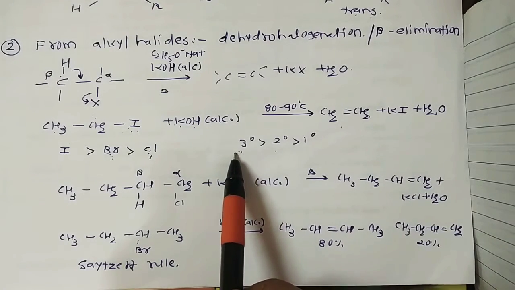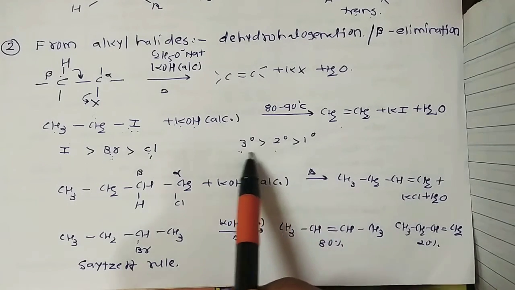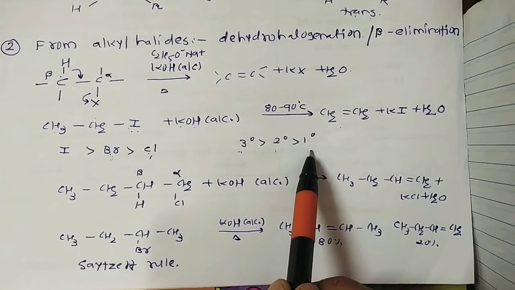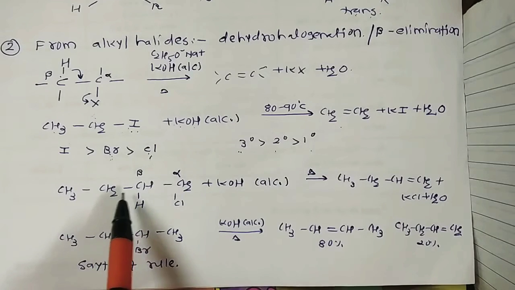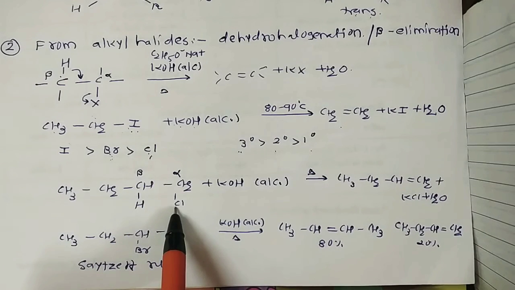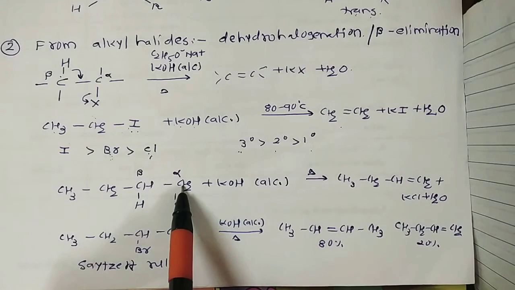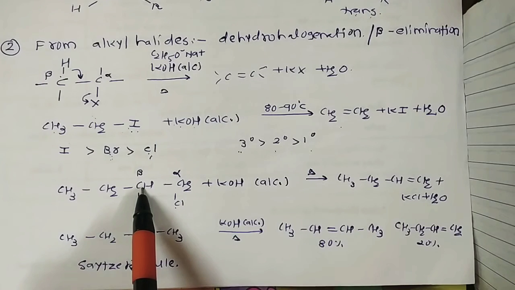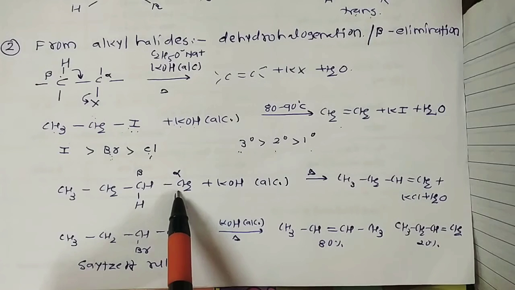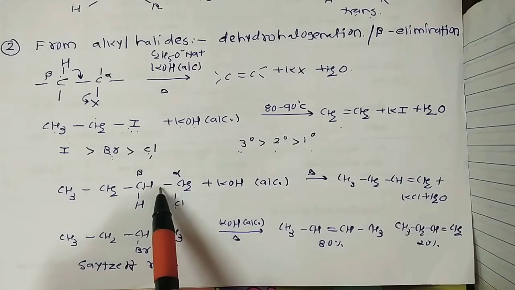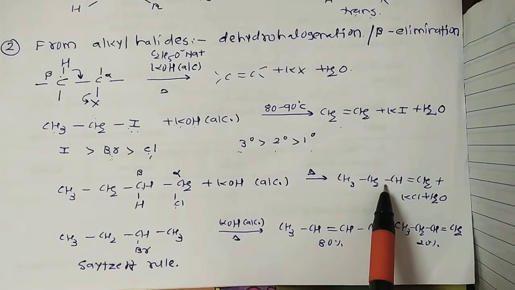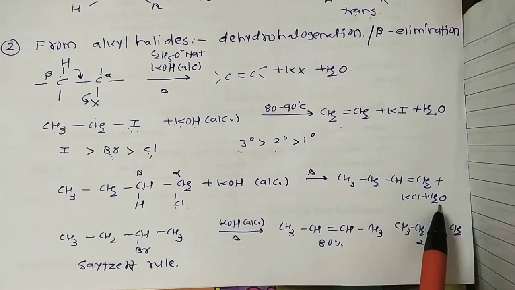For example, if we have CH3CH2CH2CH2Cl, the halogen-containing carbon is called the alpha carbon, and the adjacent carbon is called beta. There is a removal of chlorine and a removal of hydrogen from beta, so it's a removal of HCl, and we form a pi bond in between, so we get butene as a product plus KCl and H2O.